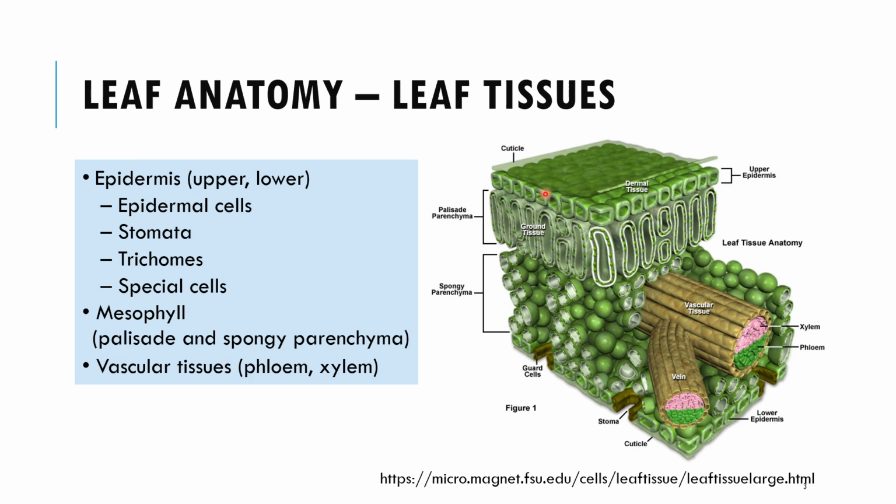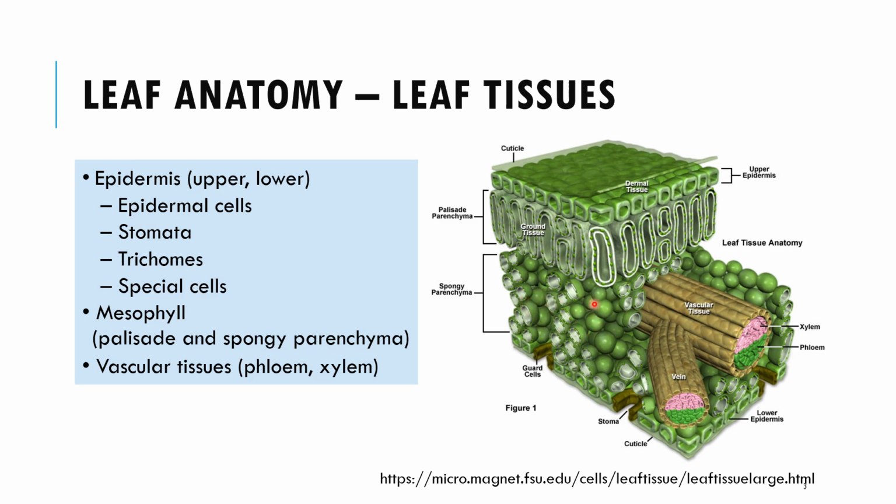Underneath, you will find the epidermal cells, called the upper epidermis. The next layer is the upper leaf cells, also called the palisade mesophyll. Below those, you have the lower leaf cells, called the spongy mesophyll.